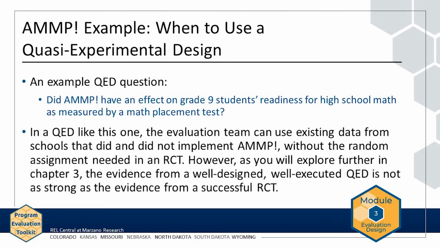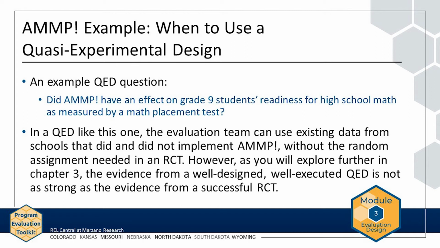This design will help the team address the midterm outcome about readiness for high school math. An example QED question is, did participation in AMMP have an effect on grade 9 students' readiness for high school math as measured by a math placement test?